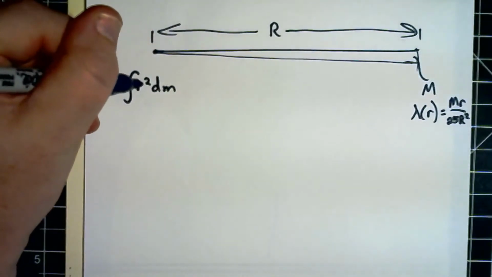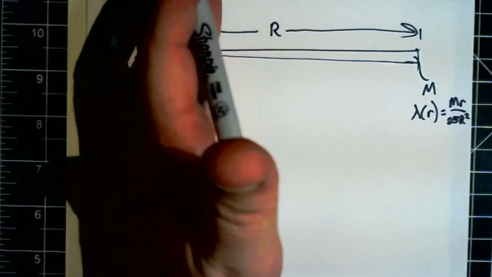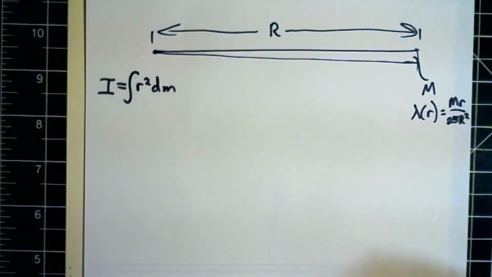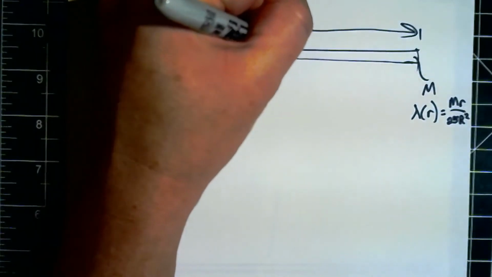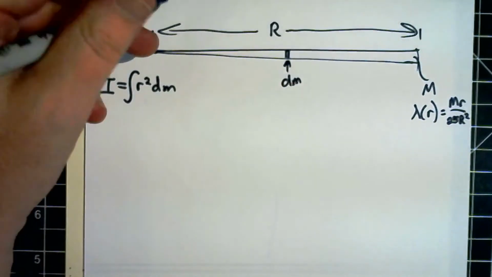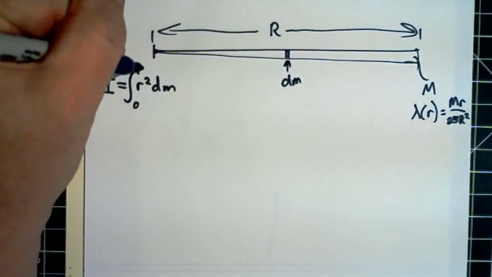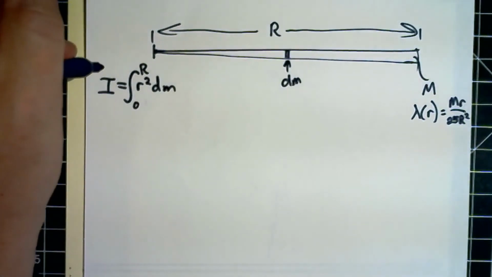Okay, r is the variable, dm is the thing that I gotta change. So the mass actually changes as the length goes along. So if I were to choose some tiny little piece, dm, I need to know what is that. And I'm going to integrate it between the beginning point all the way to the end of the rod. So my limits are 0 to capital R.